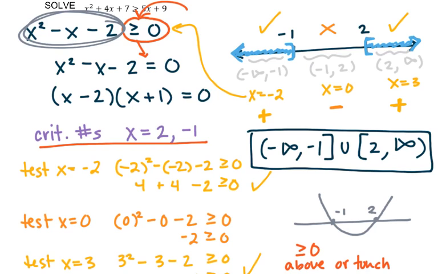And so considering where this graph is above or touching the x-axis, everywhere to the left of -1 we are above, and everywhere to the right of +2 the graph is above. So you can see that -∞ to -1 union 2 to +∞ occurring when you look at the graph.